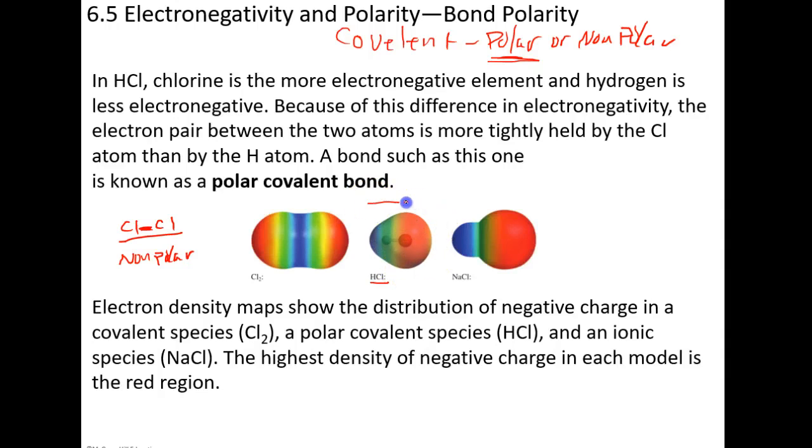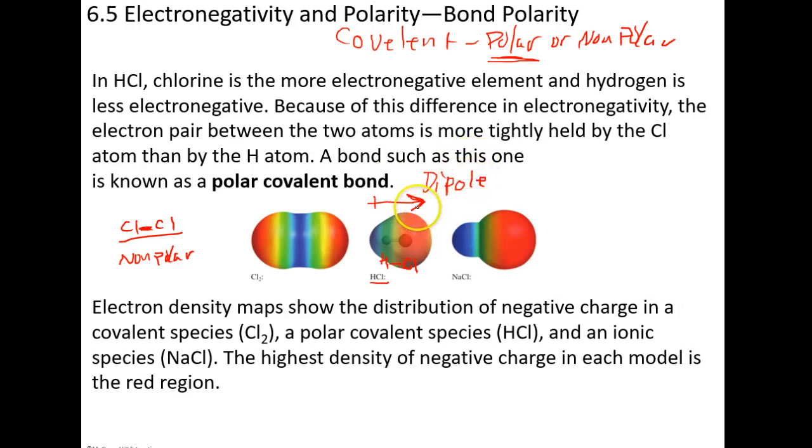The electrons are being pulled in that direction because this is the hydrogen and this is the chlorine. This is what's called a dipole arrow, or dipole moment. Even I couldn't read that, and I can read my horrible handwriting. Dipole.